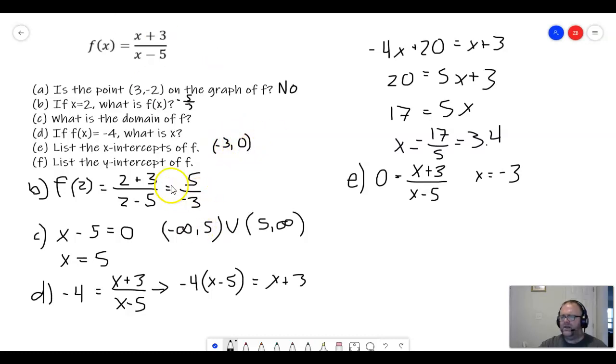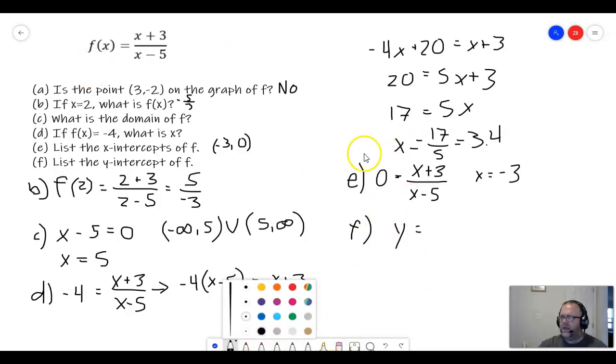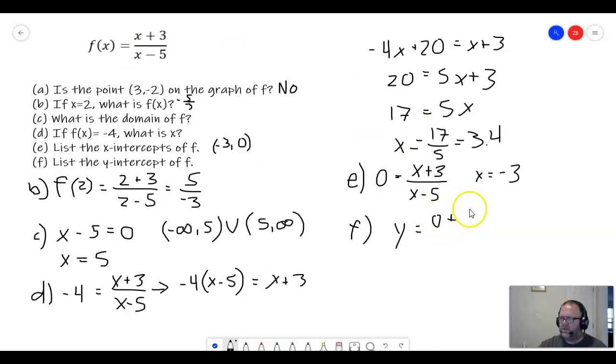And my y-intercept, it's very similar to the last one. For the y-intercept, we're just going to let our x equal 0. So I'm just going to say y is equal to, remember I can either say y or f of x, they're the same thing. y is equal to, and I'm just going to replace x with a 0, so that's 0 plus 3 over 0 minus 5.